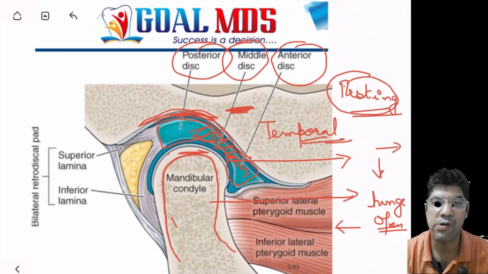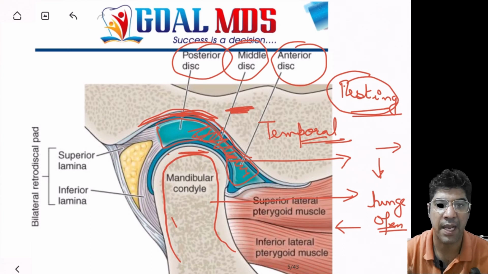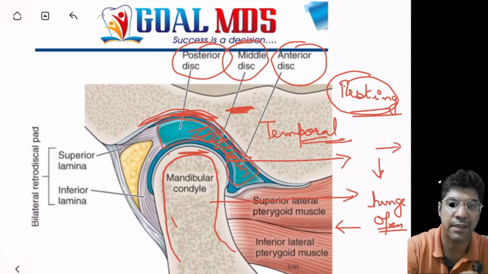When you move side to side during chewing, the articular disc will shift to accommodate these actions. So the condyle will move smoothly within the fossa while maintaining the cushioning effect.